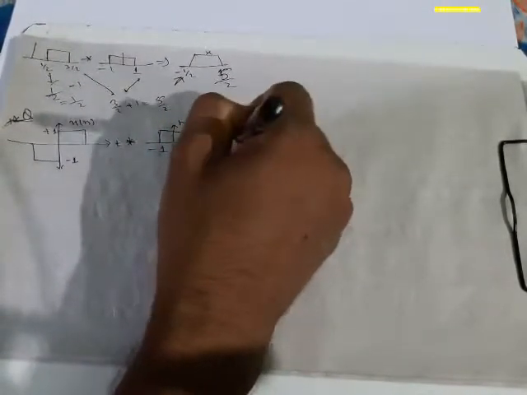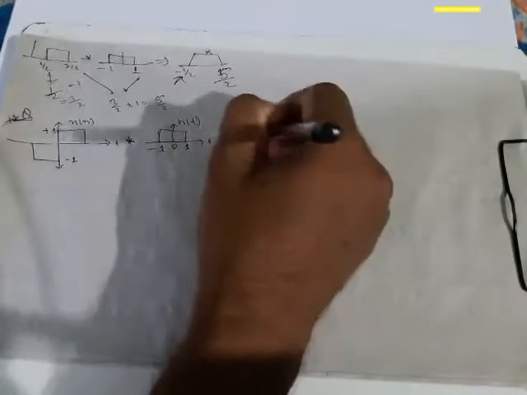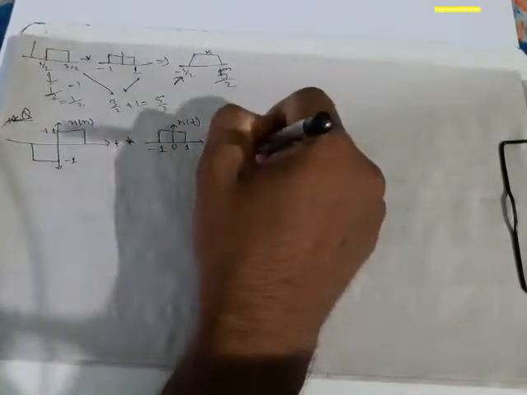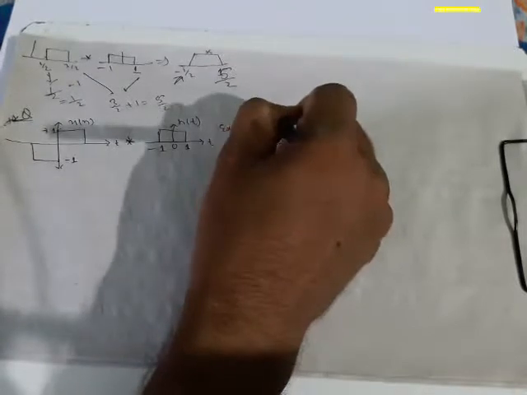Now again plus u of t minus 1 convolution with u of t minus 1, and again we have to take this term, minus u of t minus 1 convolution with u of t plus 1.